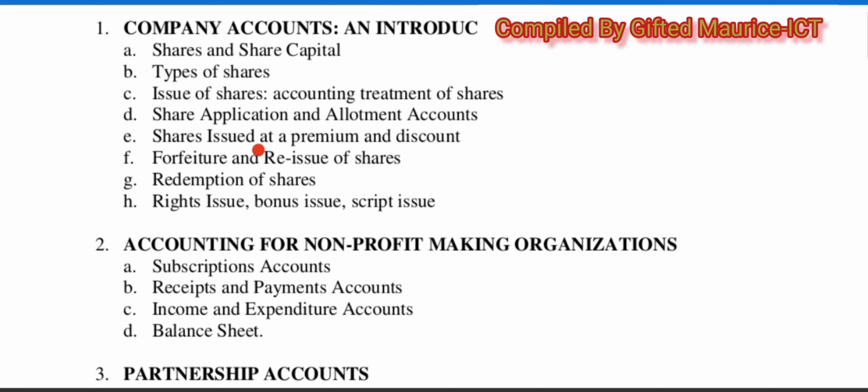So should that be the case, when you are issuing shares at a price more than the face value, we say that the shares have been issued at a premium, and therefore, how do you record the premium, that is the 20 shillings on top of the 100, and how do you record the 100?